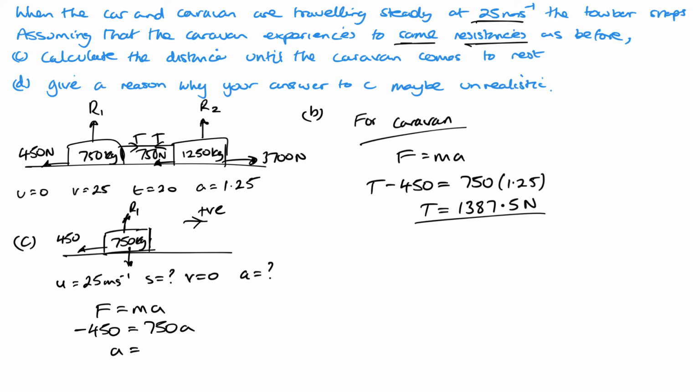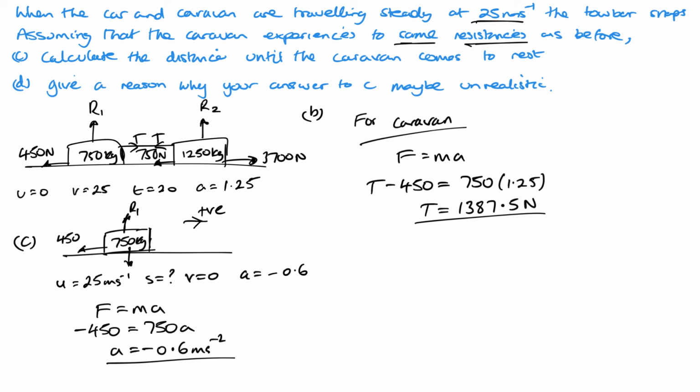So A is going to be minus 0.6 meters per second squared. So I can fill my value of A in now as minus 0.6. If you didn't use that as the direction, you'd have a positive value for A, and then you'd end up with a negative value for your distance, but you can still talk that through.